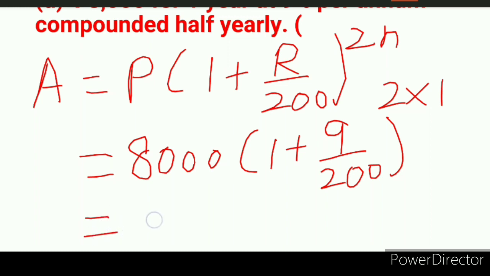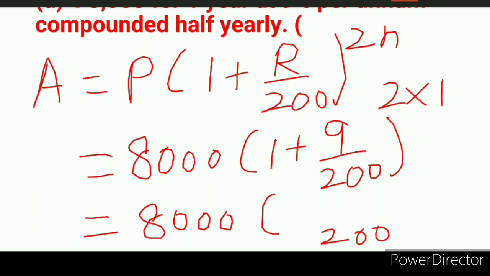That is equal to 8000 into, this fraction 9 by 200 we cannot cancel. So directly take LCM and cross multiply. 200 into 1, 200 plus 9, 209 whole to the power 2 into 1, 2. Got it? Next step we should repeat 209 by 200, 2 times.